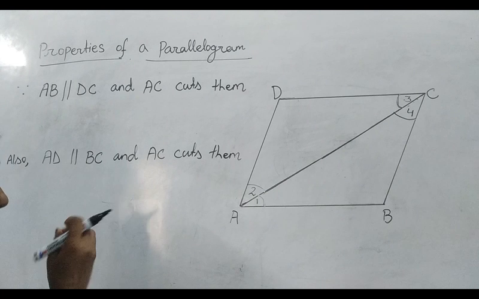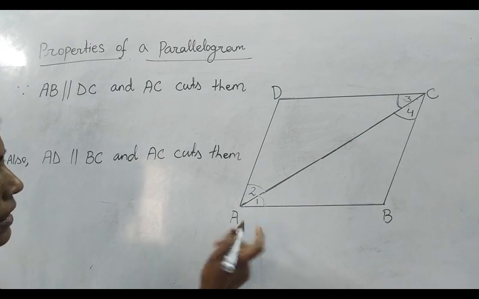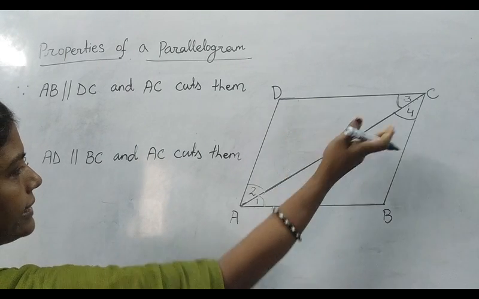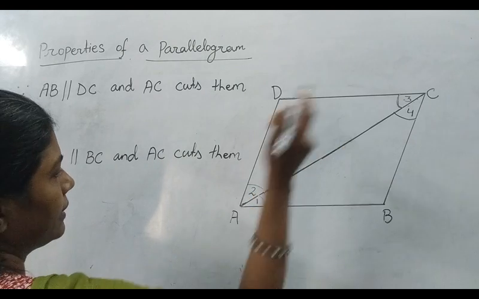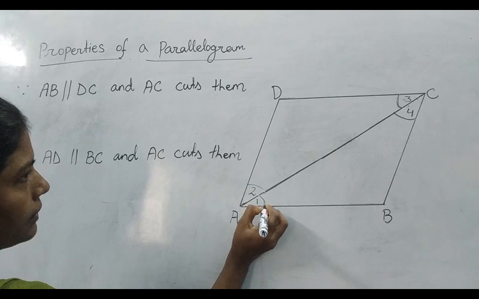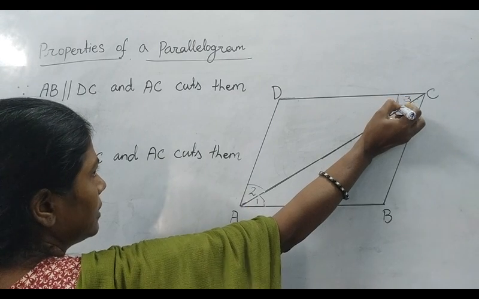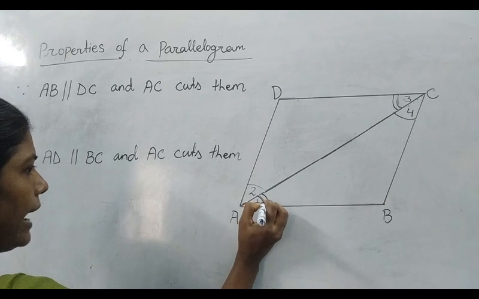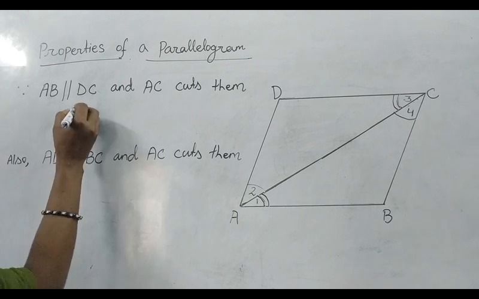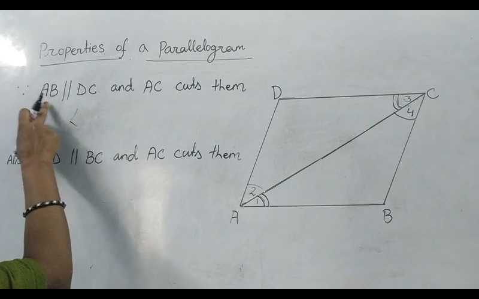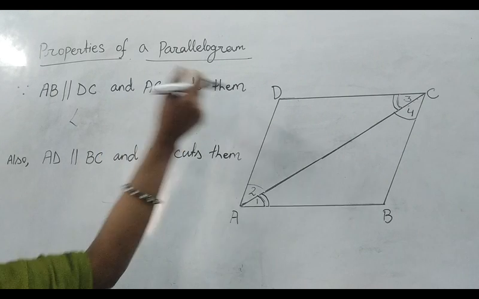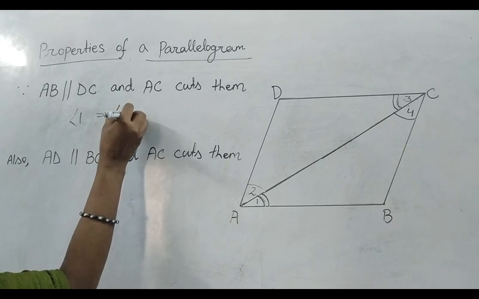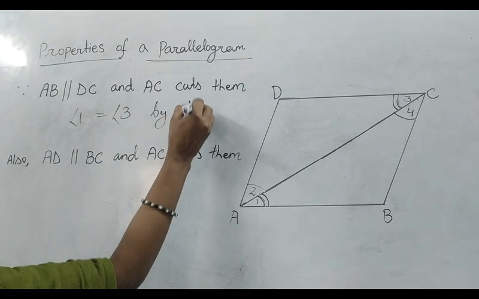So by the property of parallel lines and the transversal, we find that when this transversal AC intersects AB and DC at distinct points, then angle 1 will be equal to angle 3. So we put the same notation. Angle 1 is equal to angle 3. For this case AB is parallel to DC and AC cuts them at distinct points, then angle 1 is equal to angle 3 by alternate angles.